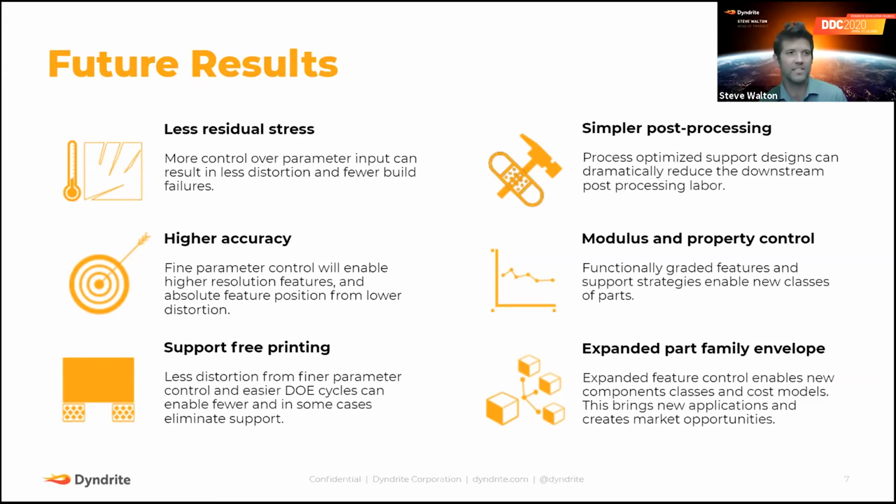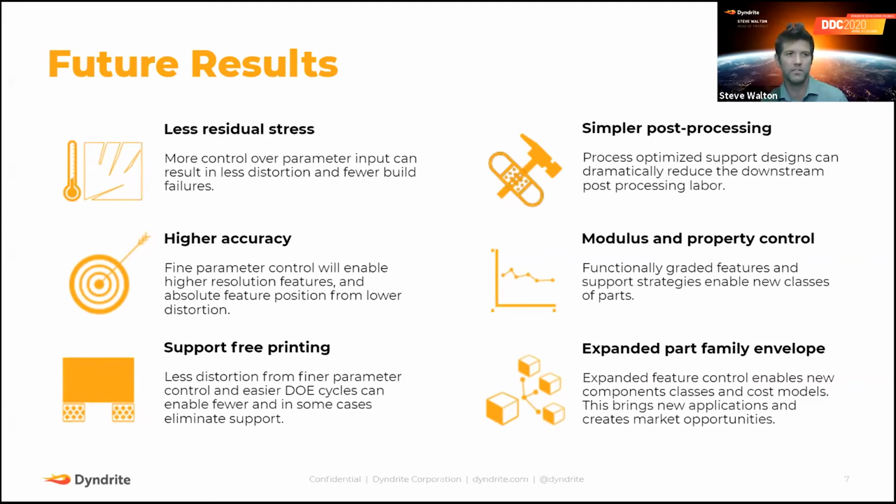We would expect to see less residual stress. More control over the parameters can result in, obviously, less distortion and fewer build failures. We also see this coming through a lot of the simulation software. Higher accuracy through less total part distortion, like global distortion, but also finer feature resolution through reduced powder.